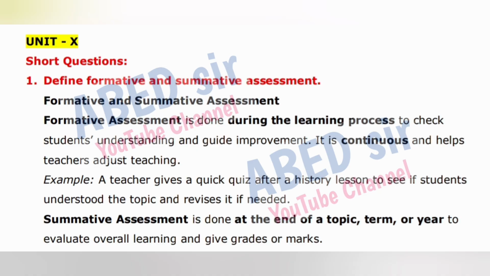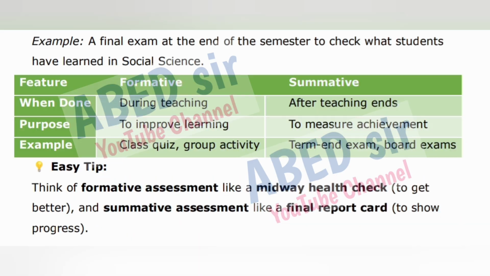Example: a teacher gives a quick quiz after a history lesson to see if students understood the topic and revises it if needed. Summative assessment is done at the end of a topic, term, or year to evaluate overall learning and give grades or marks. Example: a final exam at the end of the semester to check what students have learned in social science.